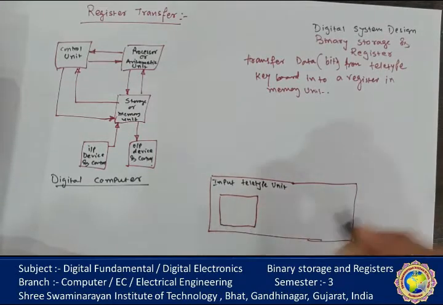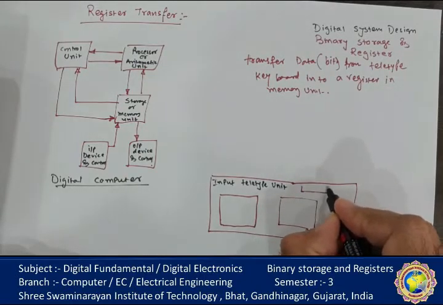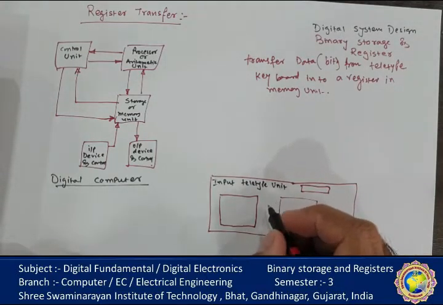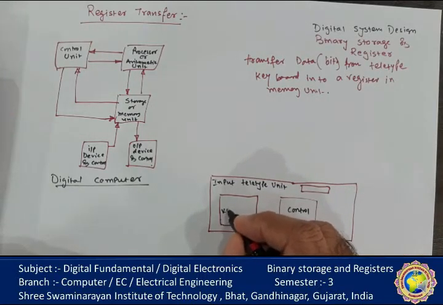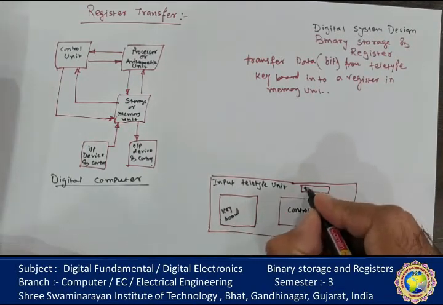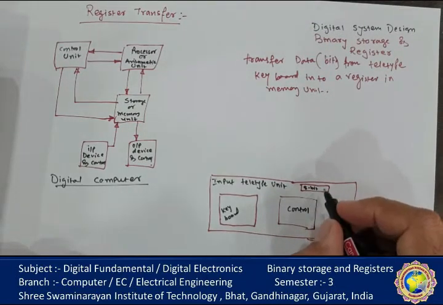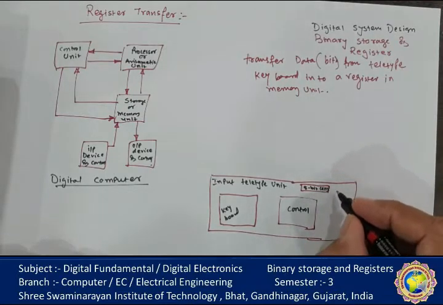Then there is its control unit, and this control unit has one register. As we discussed, whatever key is pressed, the control unit first converts it according to the ASCII code. This is an 8-bit register: the control unit converts the key into an 8-bit ASCII code, and the 8 cells hold it. So this is my input register.